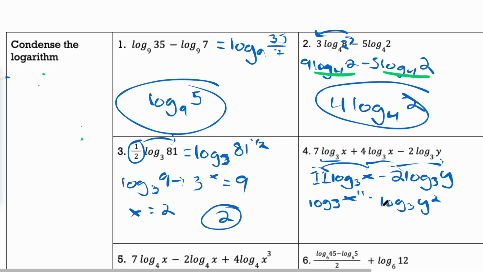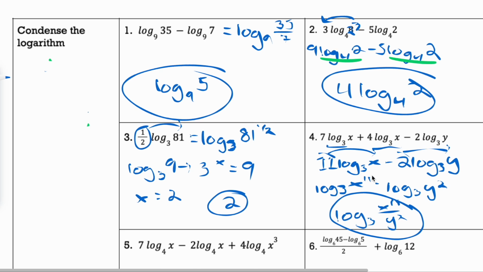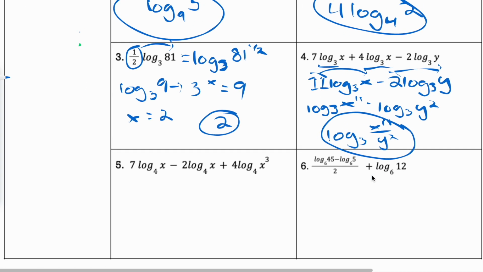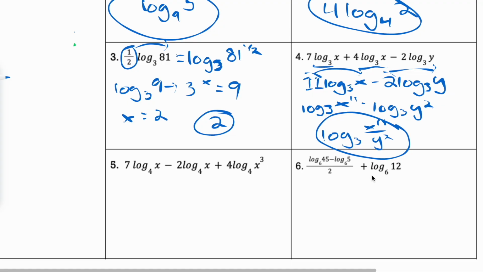And now we have this subtraction sign, and the way we get rid of that is, since we're subtracting, we divide by y squared. Hopefully you can see that. Okay, so that's how we do that. Now we have something over here for 5 that looks pretty similar.